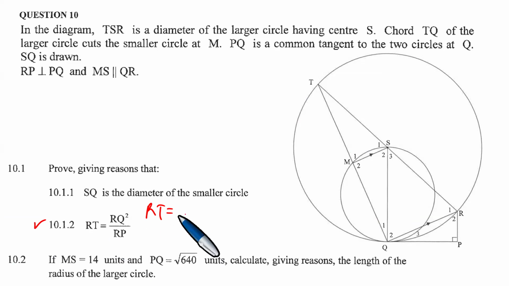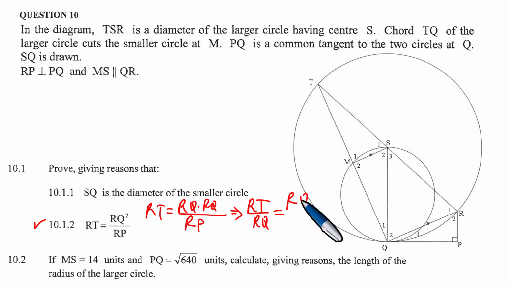Right, so we need to say RT is RQ times RQ over RP. So that now we have RT over RQ equals RQ over RP. Okay, so you can cross multiply these things, and multiplying RQ times RQ, you get RQ squared.